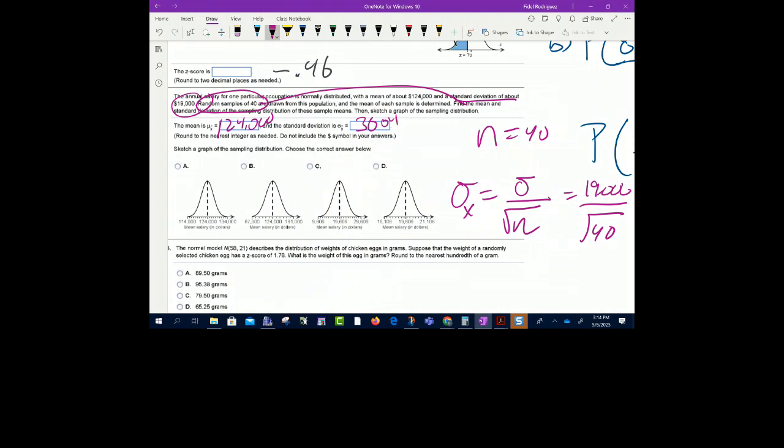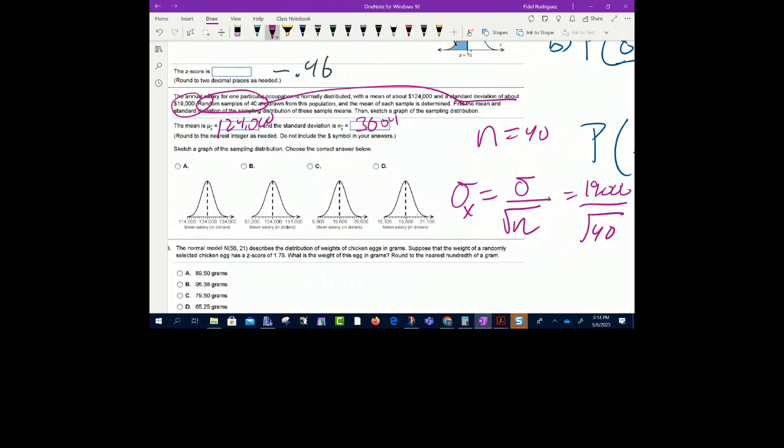First thing we want to figure out is, if we look at these numbers here, which ones start off with a mean of 124,000? A and B, right?